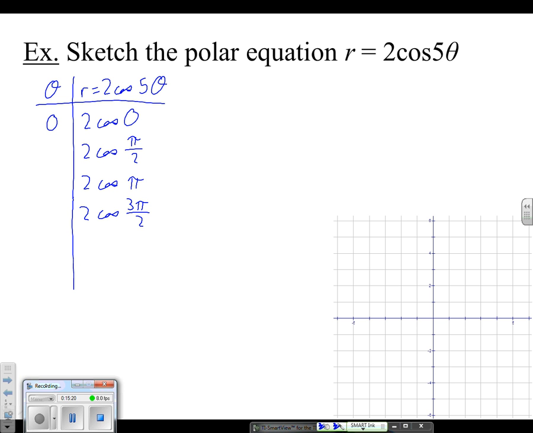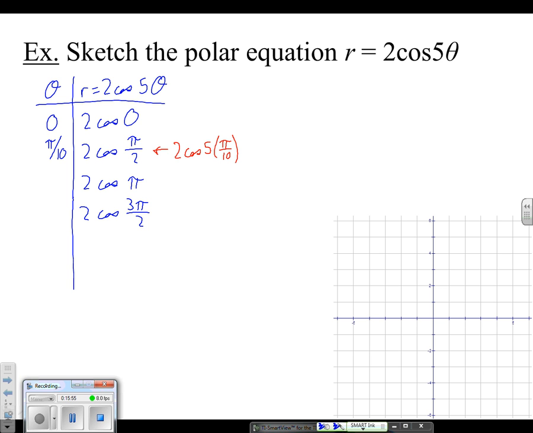Next question is, what value of theta should I pick so that I get pi over 2? Well, let's see. If I let theta equal pi over 10, I would have 2 cosine of 5 times pi over 10, which becomes the cosine of pi over 2, so that works.